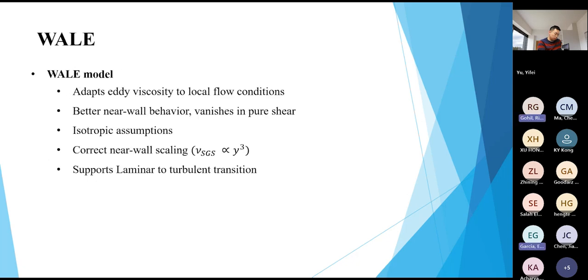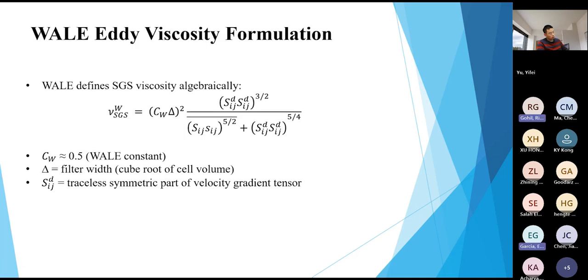Let's look into the WALE model. It adapts eddy viscosity to local flow conditions. It vanishes in pure shear. It supports laminar to turbulent transition and has correct near-wall scaling. The formulation for WALE is as provided, where this is the WALE constant.